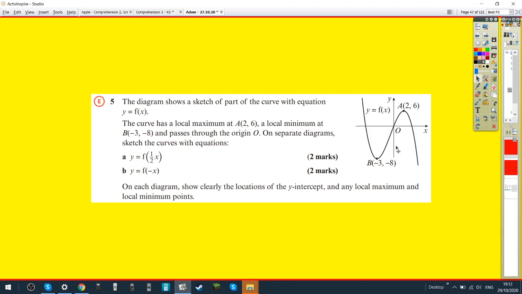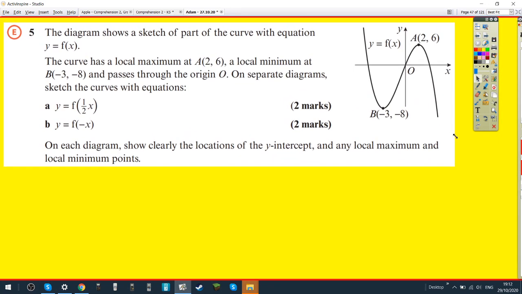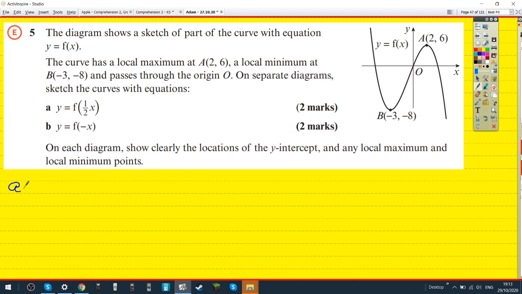Okay, how about this? So for question A, the point A would be 4, 6.